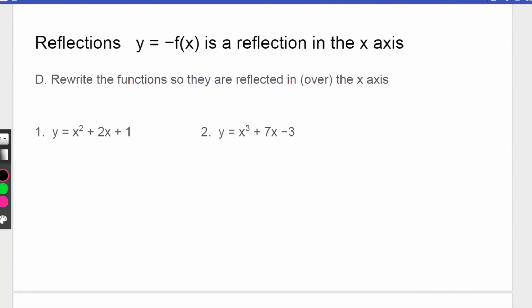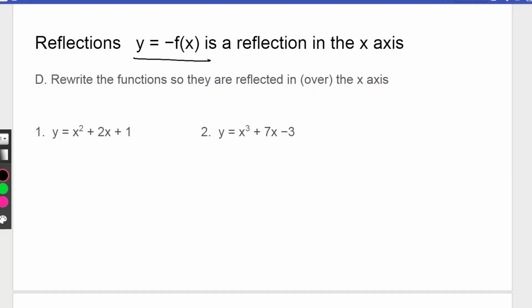Reflections. Reflections are given by this notation. Basically, it's literally what it means. Multiply the whole thing by -1. And again, notice how it says y is equal to this. So that means that this is this, right?